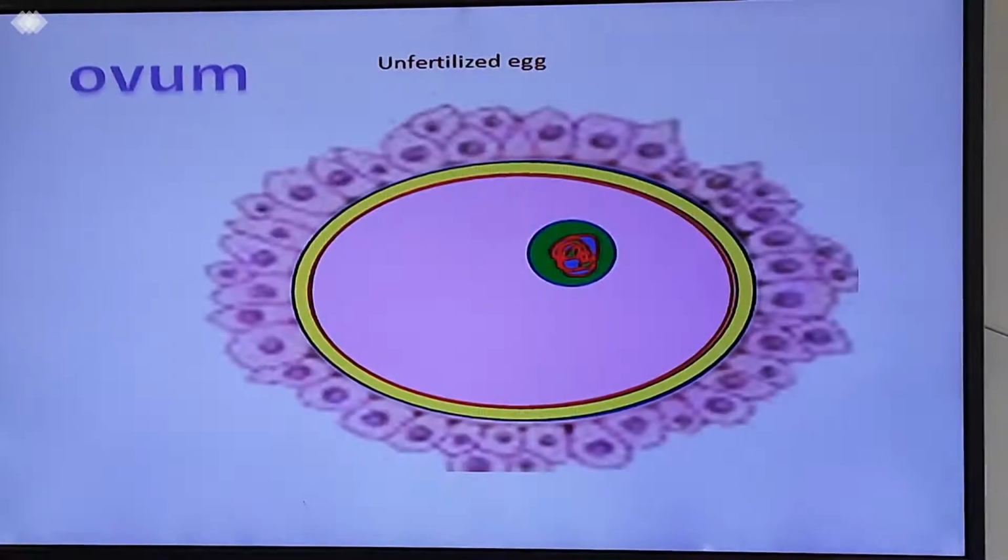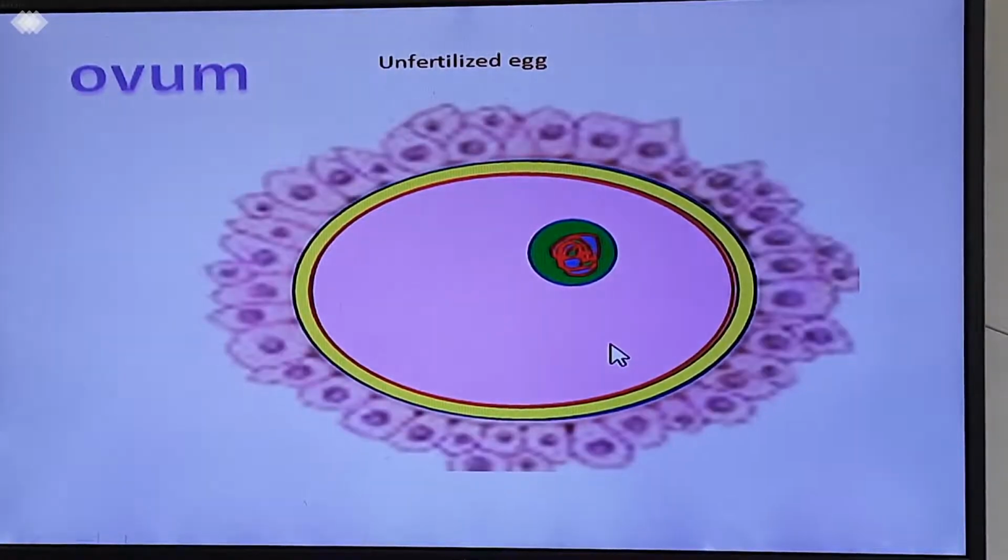Let's see. Today's concept is ovum, that is the unfertilized egg. Ovum is a rounded, haploid, non-motile female gamete which is produced in the ovary. It is 0.1 millimeter in diameter, that is 100 microns.